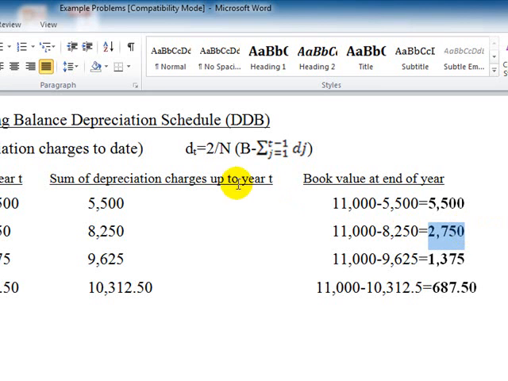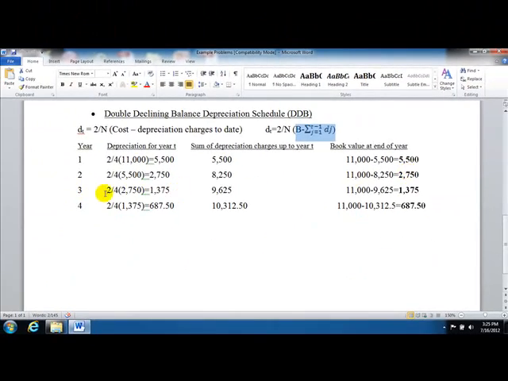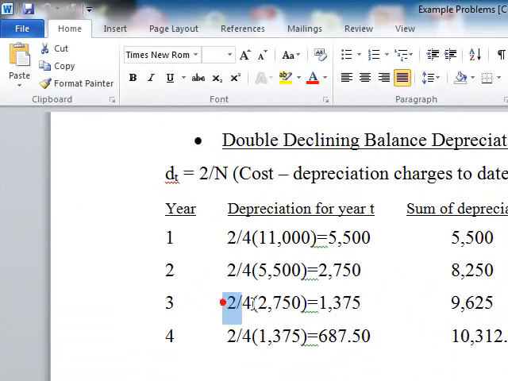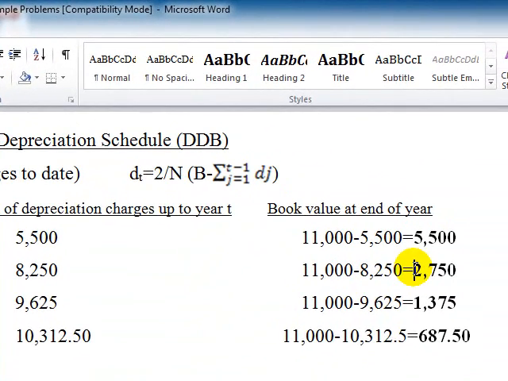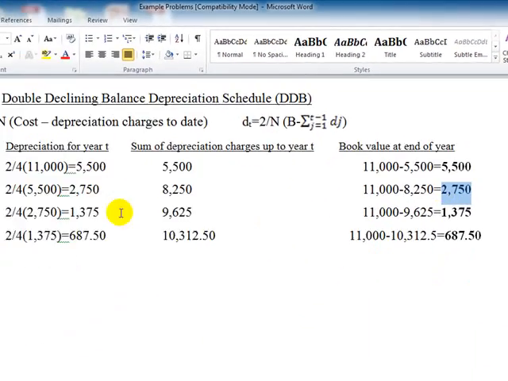That is this value there. We can use that value for further calculation for year 3: 2 divided by 4. The only thing that changes is this value, the book value at the end of the previous year, 2,750, that we put here.